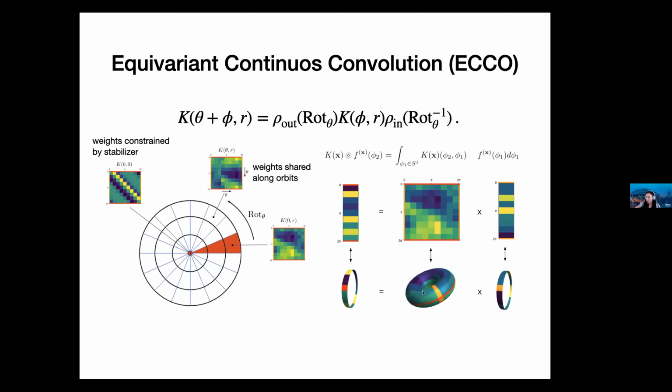By cutting open the torus and the features along the red and the orange line, we can identify the operation with matrix multiplication, which is essentially shown on the left-hand side. Okay, so this is how we construct the continuous convolutional kernel such that it satisfies the rotation equivariance.